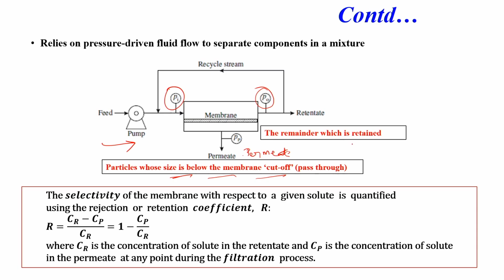And the remainder which is retained is called the retentate or reject. So, this is the retentate. We are measuring pressure at 3 points: pressure at the inlet, pressure at the outlet for the retentate, and pressure for the permeate.